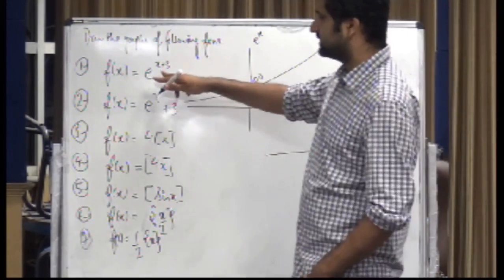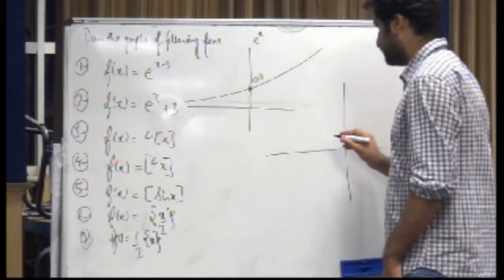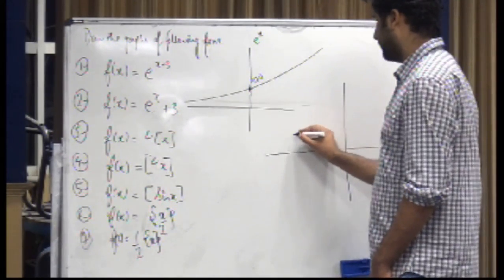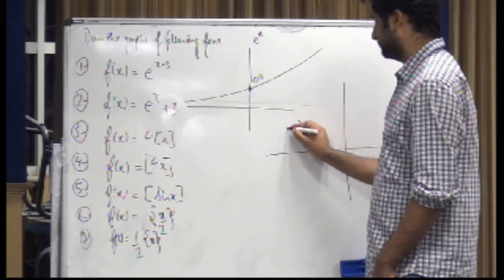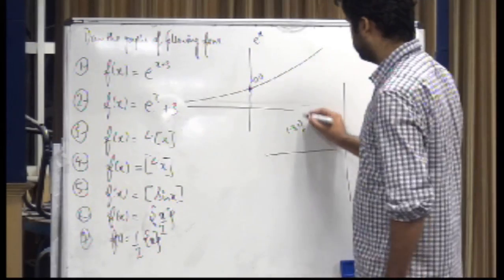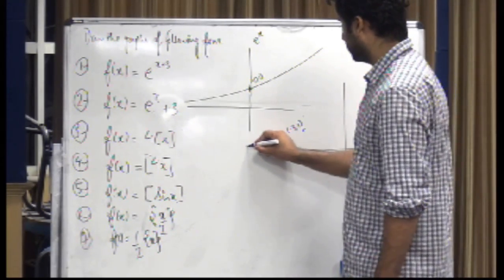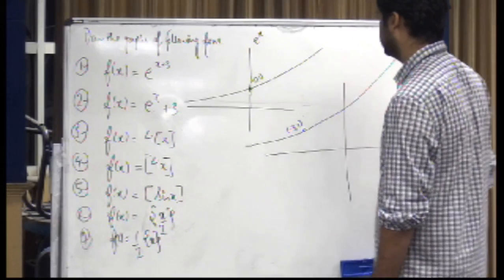If you put x is equal to minus 3 you will get e to the power 0 which is equal to 1, so you get minus 3 comma 1 over here. So the same graph will be shifted towards here. So just assume that this is the y-axis and then you make the graph like this.